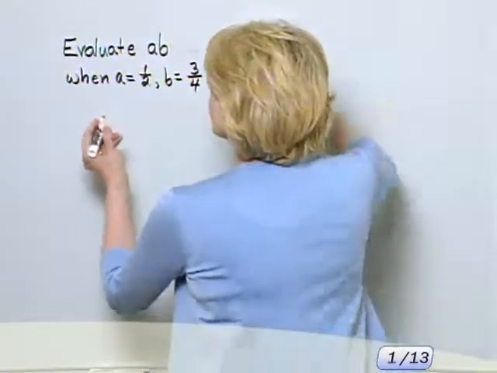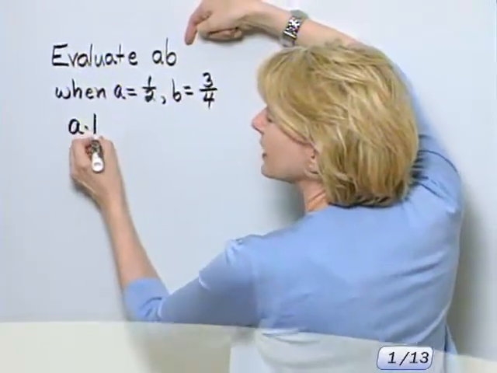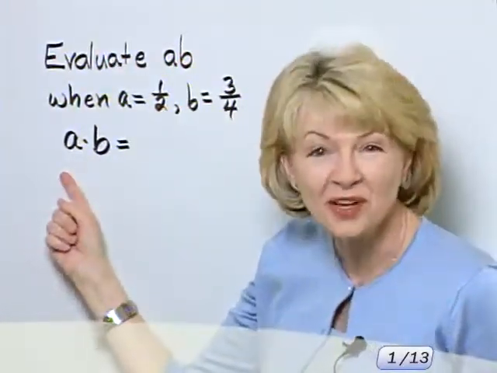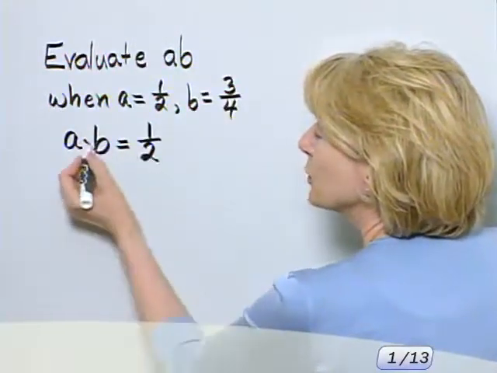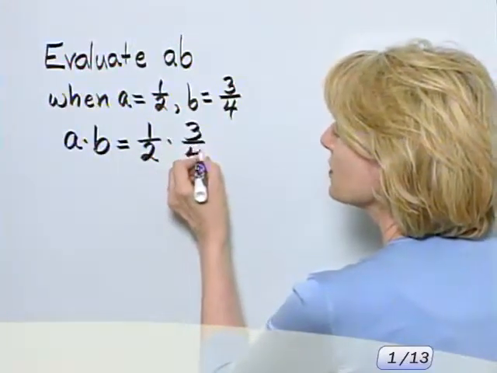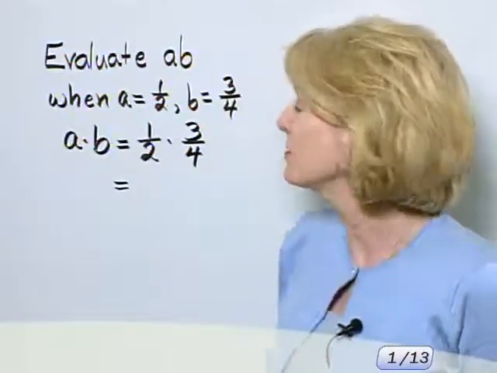So this algebraic expression, AB, which is A times B, when A is 1/2, I replace A with 1/2 times, I replace B with 3/4. And then to find the value of the expression, we multiply these two fractions.